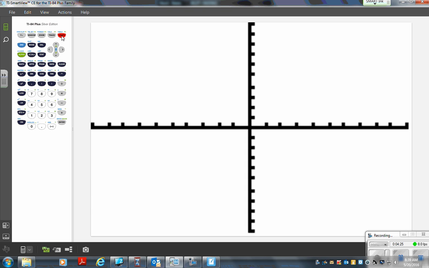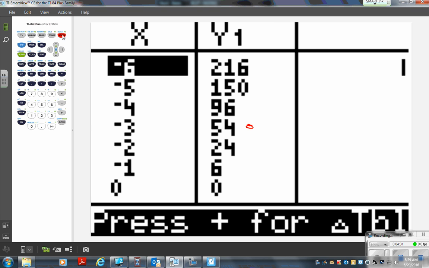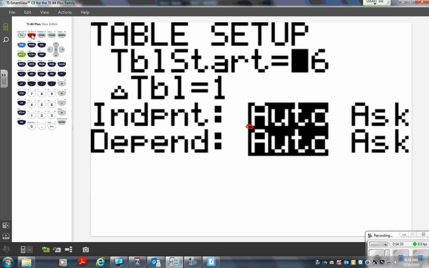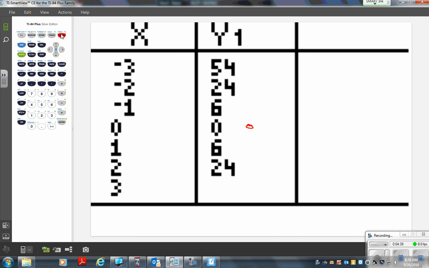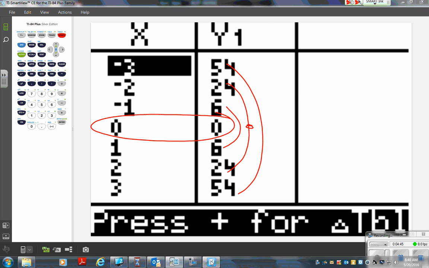Here's the picture. There's the vertex, 0, 0. Or go to the table. And as you can tell, these are the same, these are the same, these are the same, which means this is going to be our vertex.